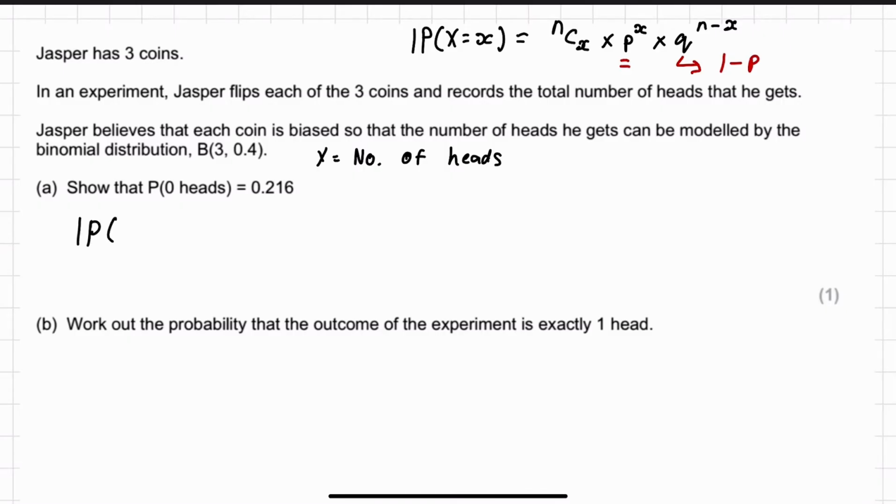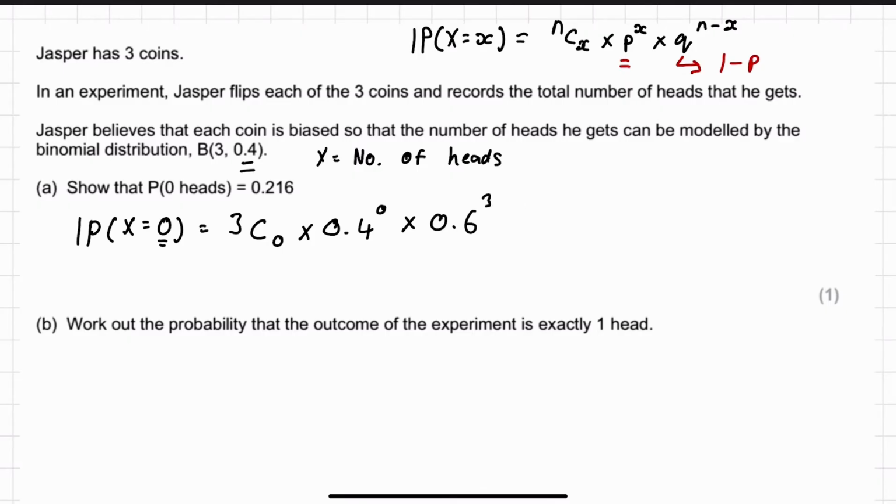So let's have a look. The probability that X is equal to 0 is n, which is 3, choose x, in this case 0, times the probability of success, 0.4 to the power of x, times our probability of failure, q, or 1 minus 0.4, to the power of n take away x.